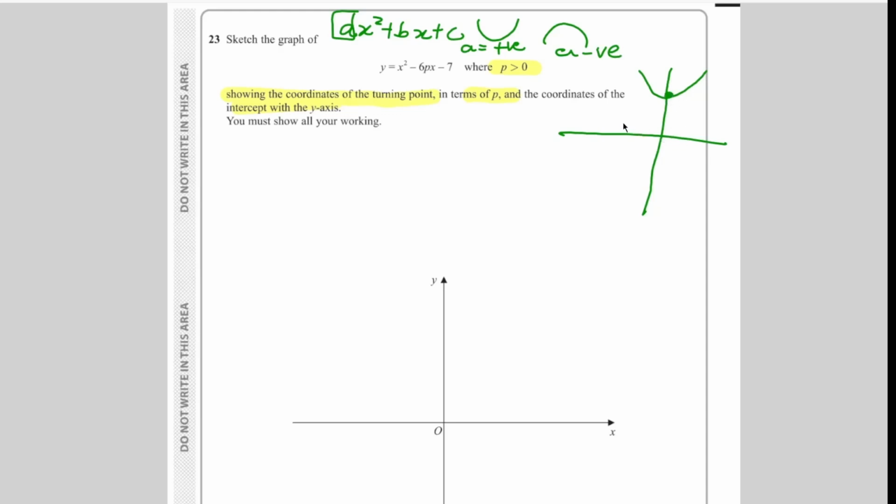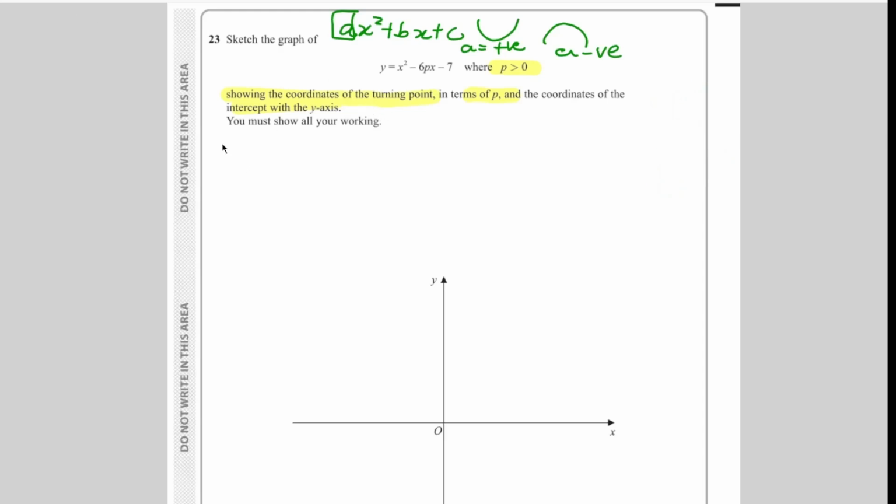No matter where it cuts the y-axis, what happens to the x-coordinate? Every time where it cuts the y-axis, always the x-coordinate becomes 0.